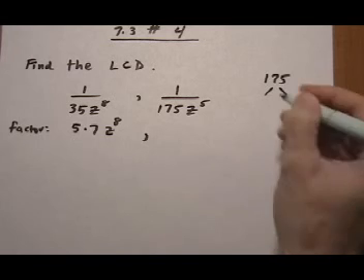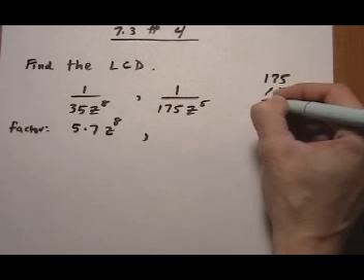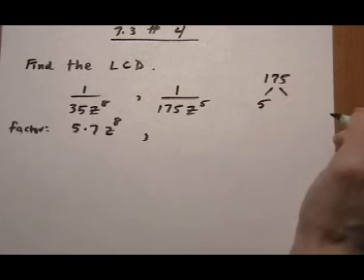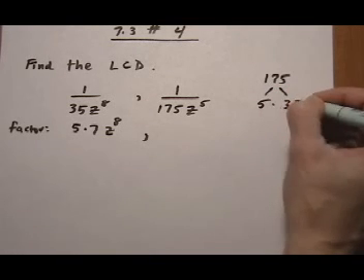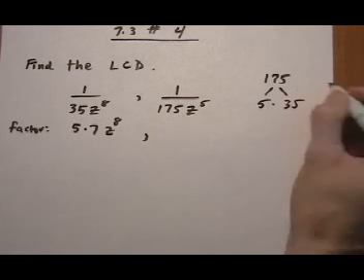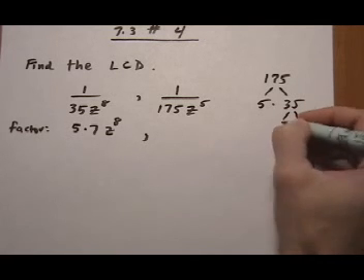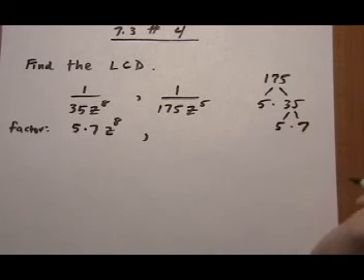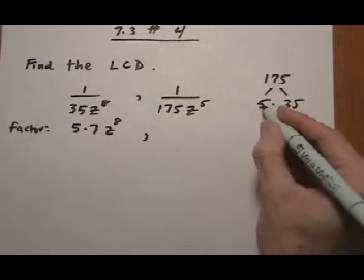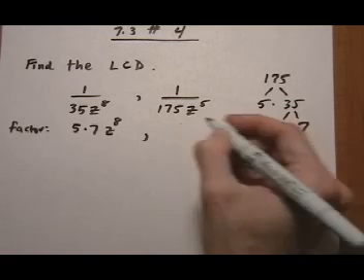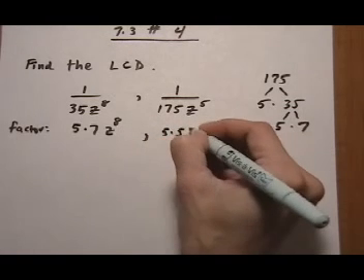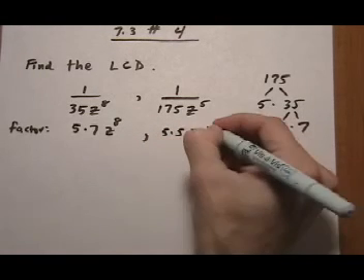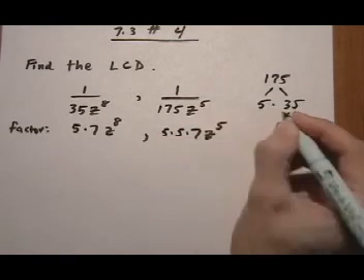Let's divide by prime numbers if you're not sure where to start. Let's divide by 5. So 5 times 35 would be 175. Then keep going with the 35 because it could still be broken down. 5 times 7. And that means 5 times 5 times 7 would be the factored form of 175, and then z to the 5th.